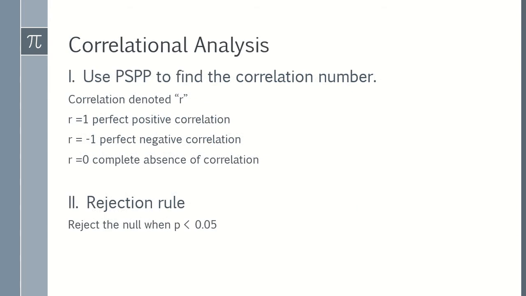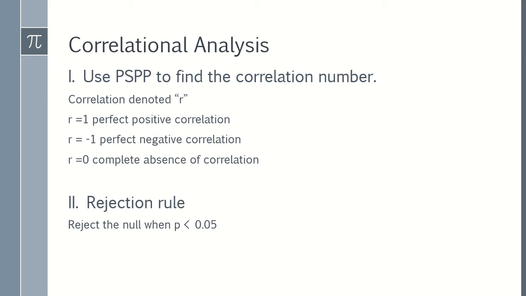Now, looking at correlational analysis, we'll use PSPP to find the correlation coefficients between two variables. Little r, we'll use that notation to refer to correlation. So when r is equal to 1, that means we found a perfect positive correlation.